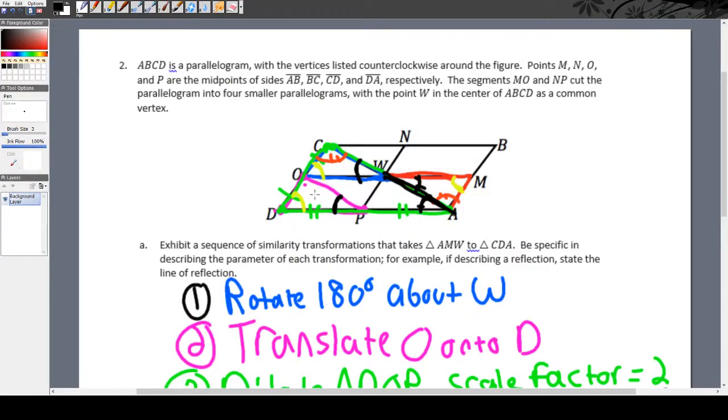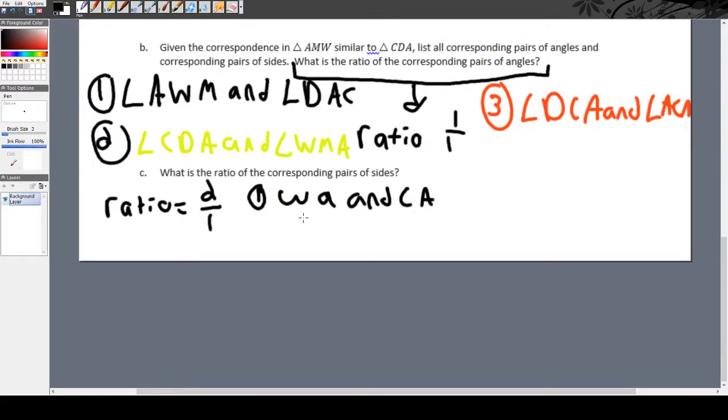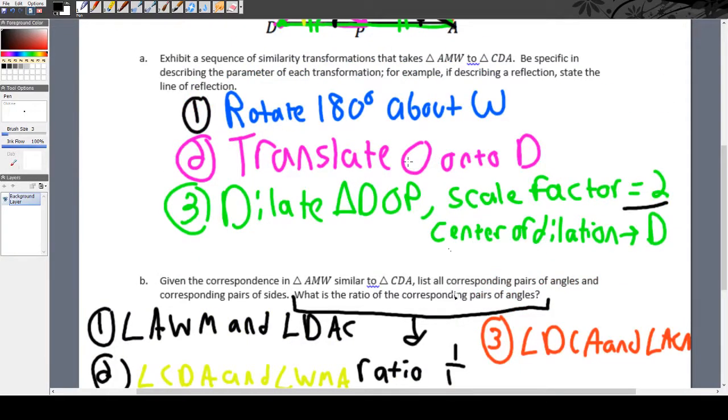Our second corresponding side is the side that contains the red and the yellow angle, so AM and DC.